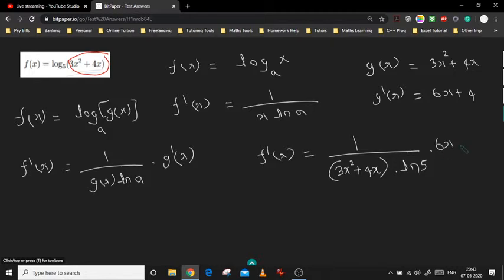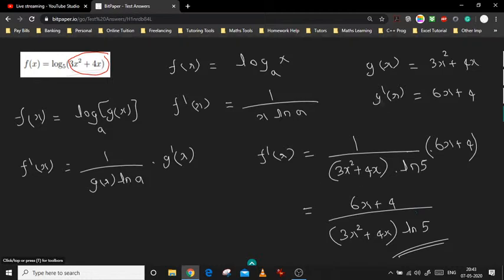So you can put it here, 6x plus 4. Okay, I don't think we can simplify this further. So you can write down in this form 6x plus 4 divided by 3x squared plus 4x multiplied by natural logarithm of 5. So this is the answer for this question.